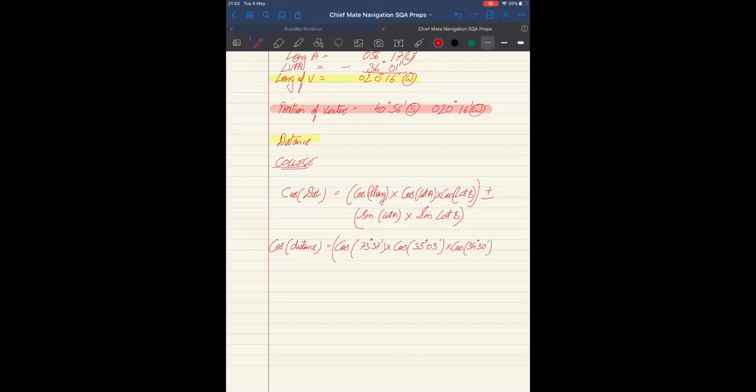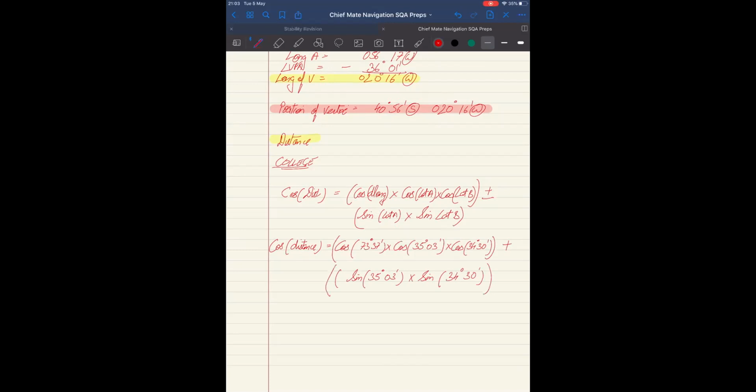This is everything in one bracket. We use the addition sign, times sine of lat A, which is 35 degrees 03 minutes, multiplied by sine of lat B, which is 34 degrees 30 minutes. This is again in a bracket.